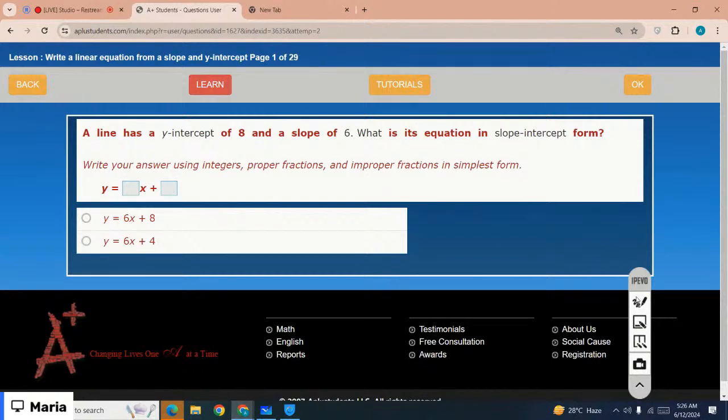The equation is y equals mx plus b. M is the slope, that is 6. So y equals 6x and b is 8. So that is y equals 6x plus 8. Option number 1 is the correct option here. The equation is y equals 6x plus 8.